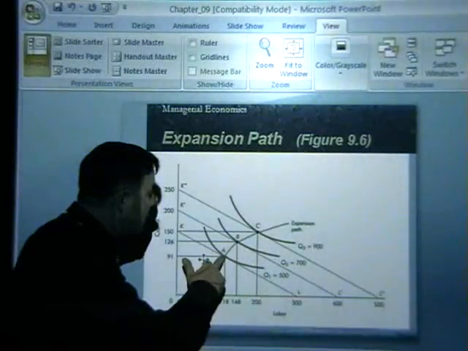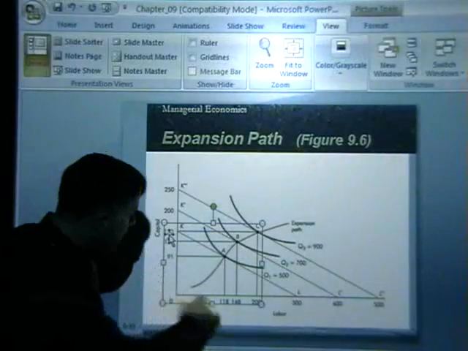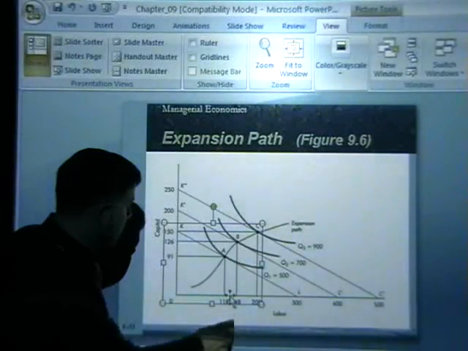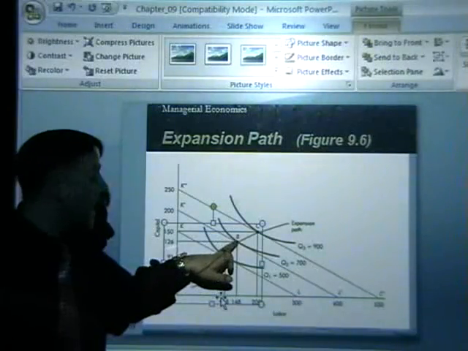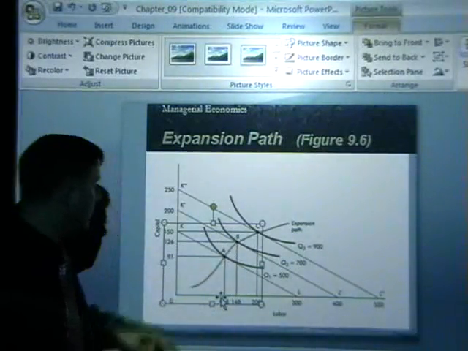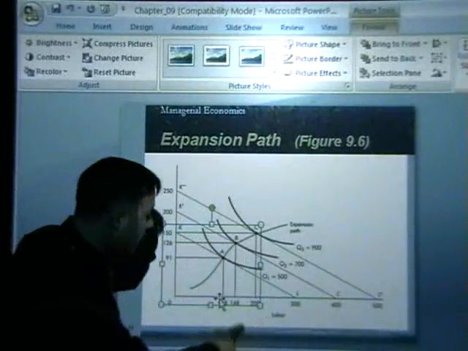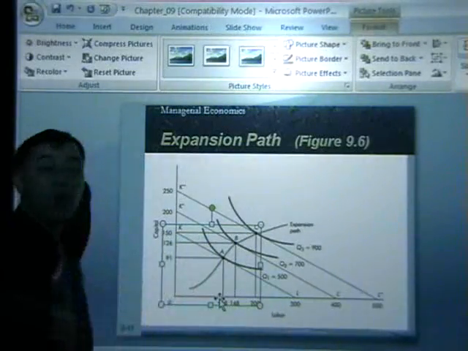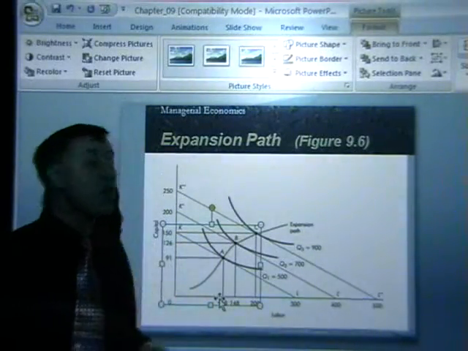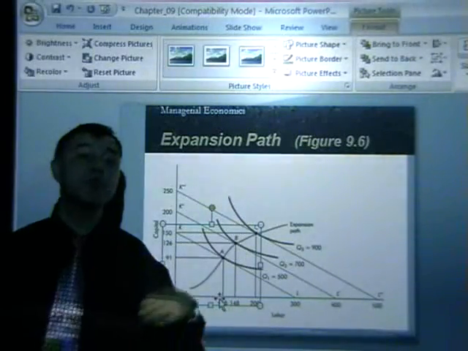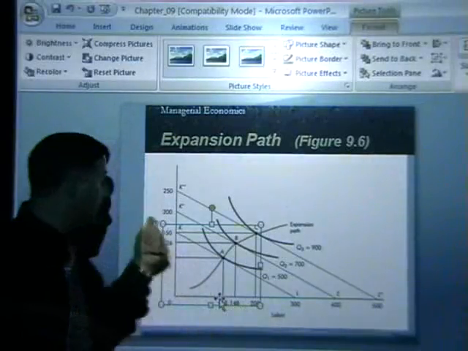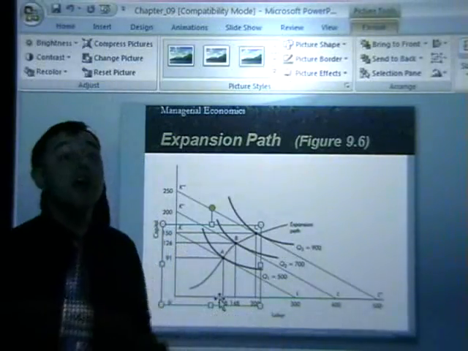So this is the optimal quantity of 91 and 148, and this is at B over here, and at C over here it's 200 and 150. So for each quantity of output, it tells you the optimal quantity of labor and of capital.